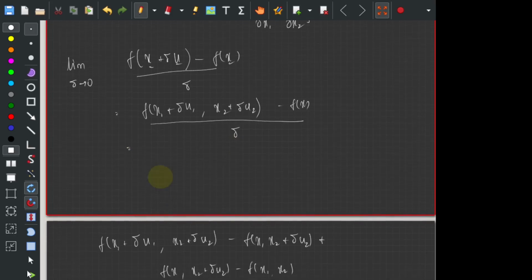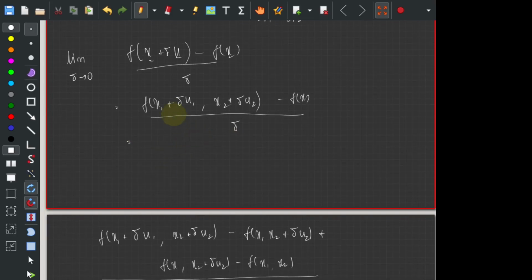So using what I had just written, I can first view this as a function of x2. I keep x1 plus delta u1 as it is. I can write this as f of x1 plus delta u1 comma x2, plus dou f by dou x2 times delta u2, plus some function of delta, right?